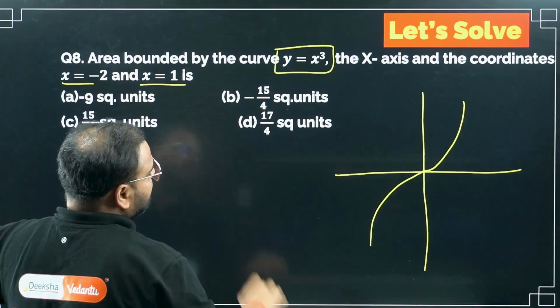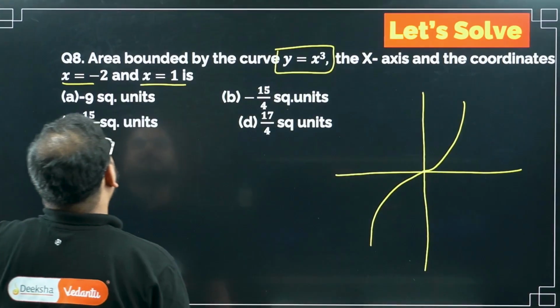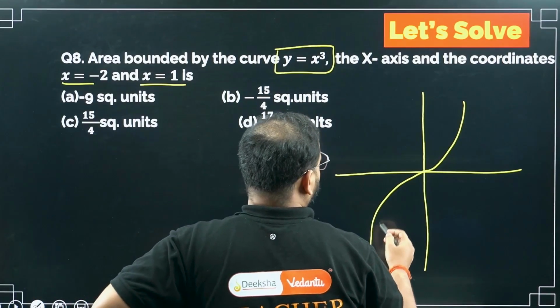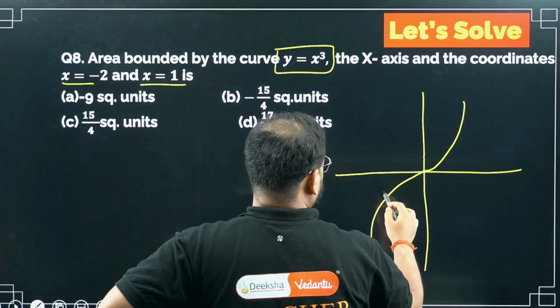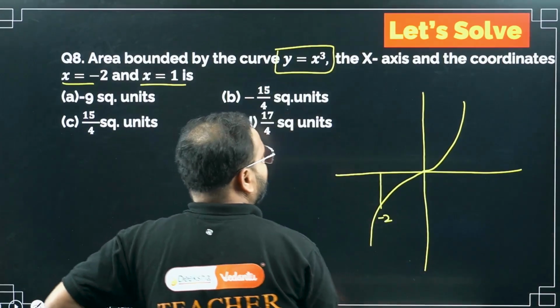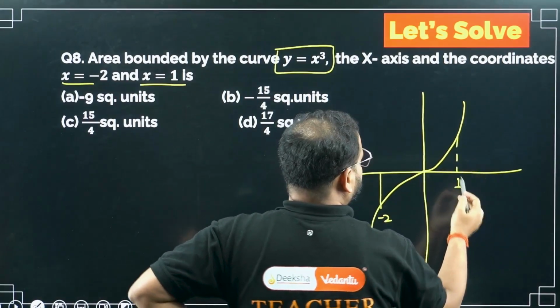So what are they asking us? The boundaries, you check here: minus 2 to 1. Minus 2 is somewhere over here, and 1 is somewhere over here.